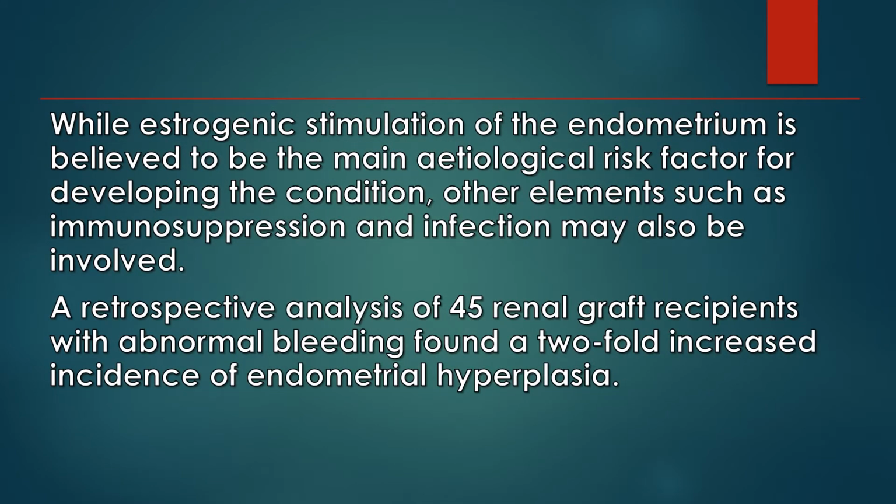While estrogenic stimulation of the endometrium is believed to be the main etiological risk factor for developing the condition, other elements such as immunosuppression and infection may also be involved. A retrospective analysis of 45 renal graft recipients with abnormal bleeding found a twofold increased incidence of endometrial hyperplasia.